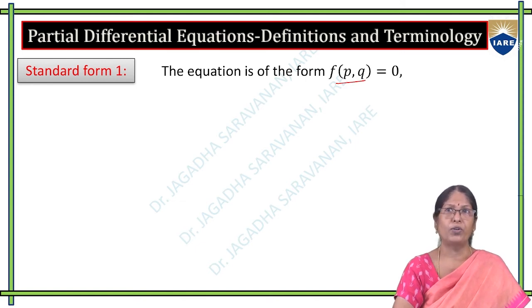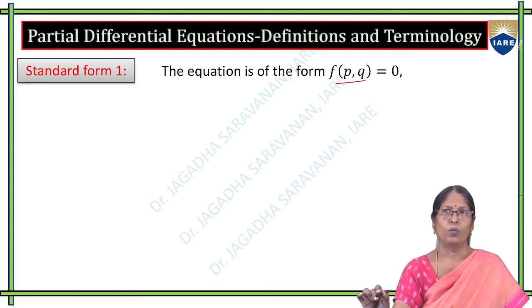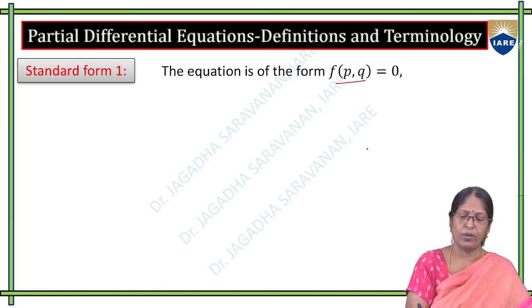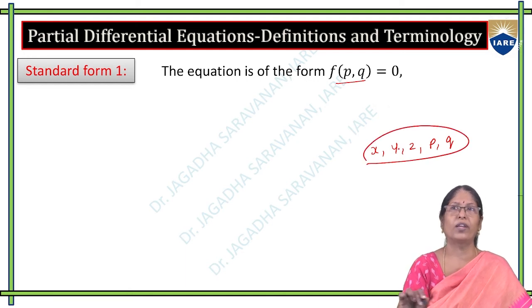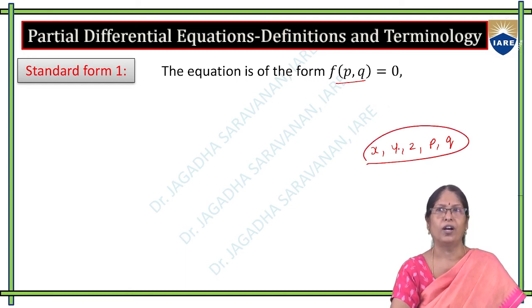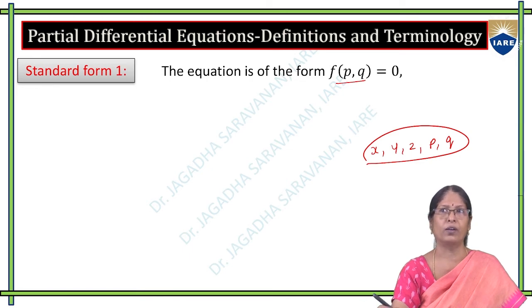Whatever equation is given, the 5 terms are there: x, y, z, p, q. This is not related to any mathematical method, just a technique. We can have our own technique to remember the formulas. That is what is being explained; it's not related to any mathematical method. x, y, z, p, q are there.